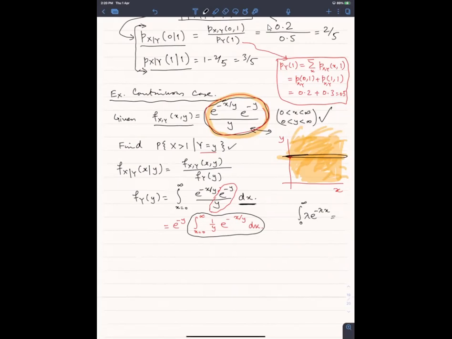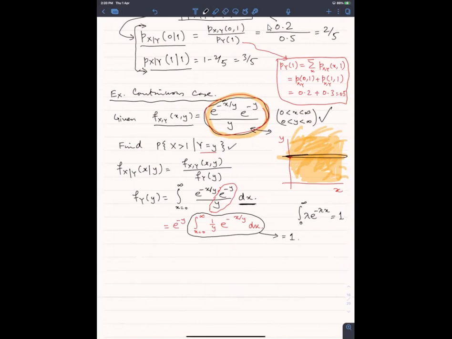I would have gotten a 1. Why? Because this is the integral over the entire density function. So this guy here, where lambda is replaced by 1 over y, which is another constant, by the way, should really be equal to 1.